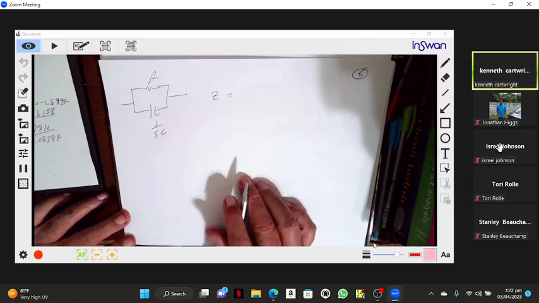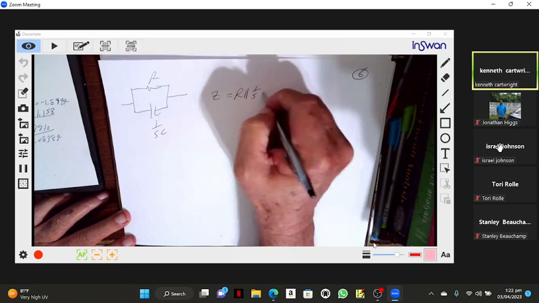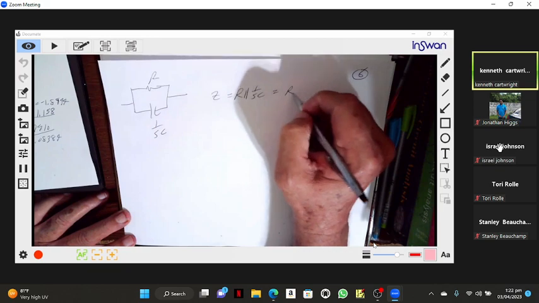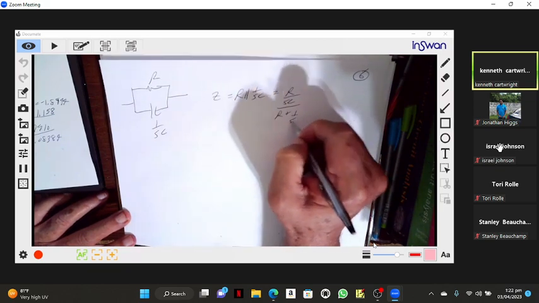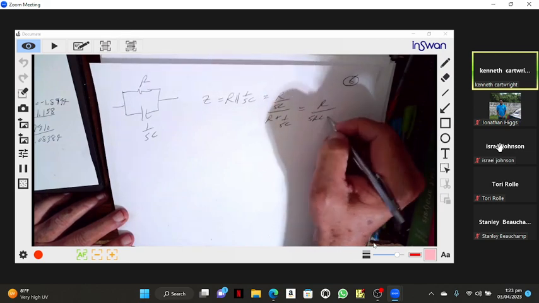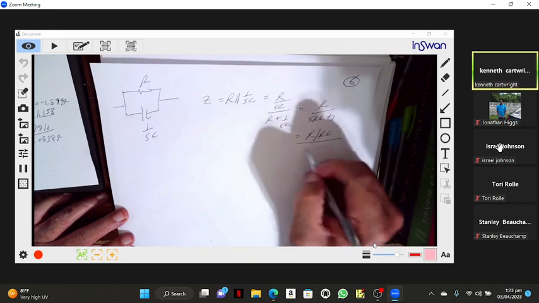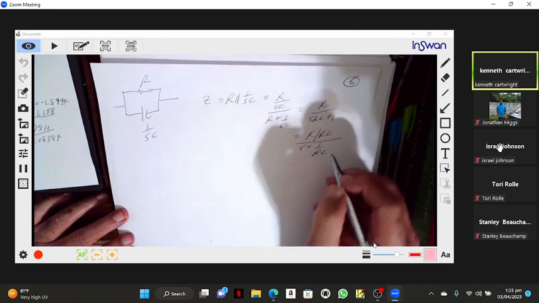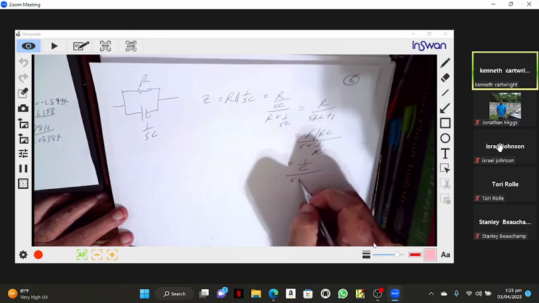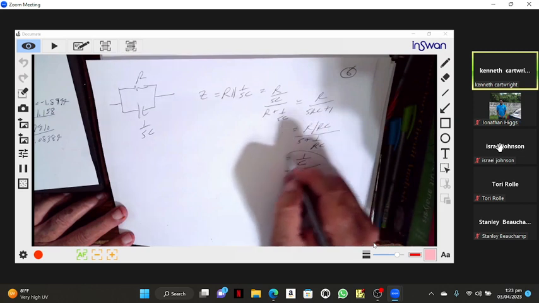Yes. It's R in parallel with 1/SC, which is R/SC over R plus 1/SC. Multiplied top and bottom by SC, R/(SRC plus 1) equals (1/C) over S plus 1/RC. So that parallel combination is this.